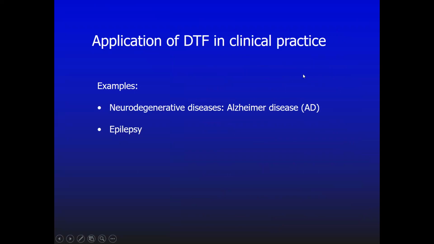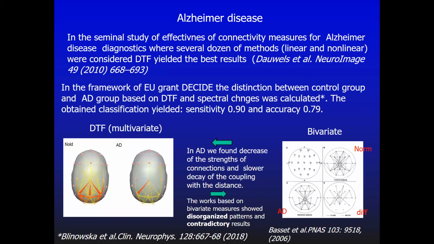Of course there is too much to show, but now I'll switch to examples concerning clinical application, especially neurodegenerative diseases. I'll show the one about Alzheimer's disease, but it's also used for Parkinson's or other diseases or mild cognitive deficits. And EEG is also quite important in case of epilepsy.